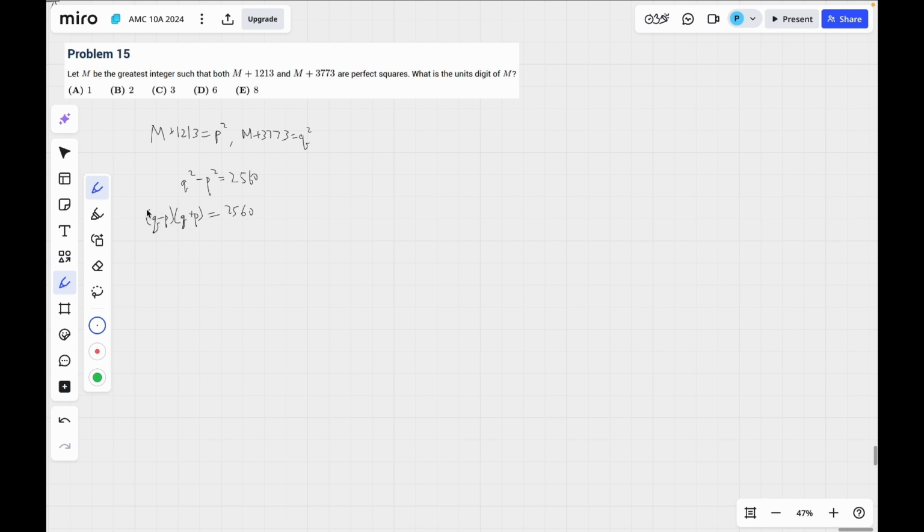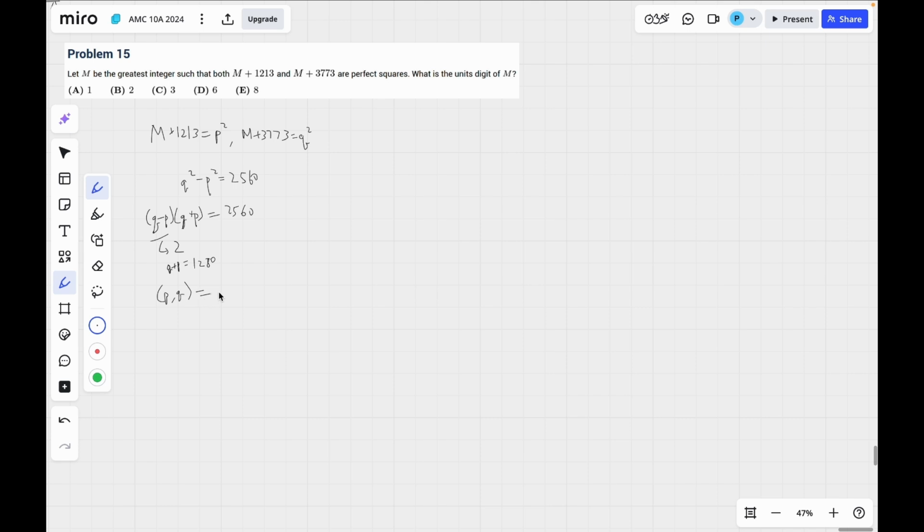So to maximize p and q, we want to maximize q plus p and minimize q minus p. Since they both have to be even, we'll set q minus p to be the lowest possible, which is 2. And now this means that q plus p will equal 1280.